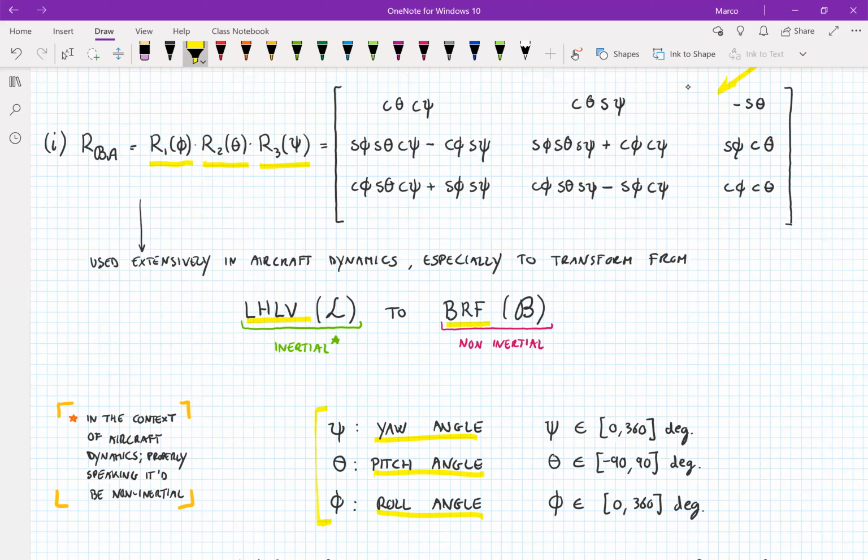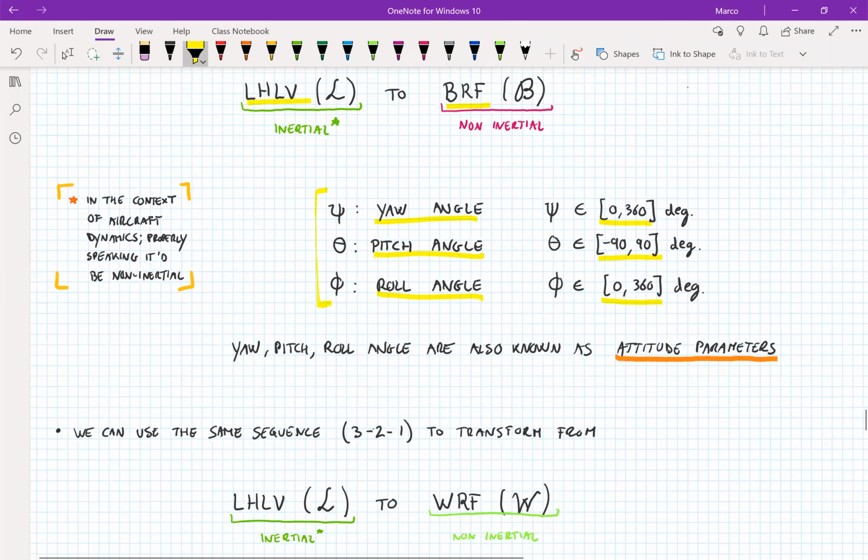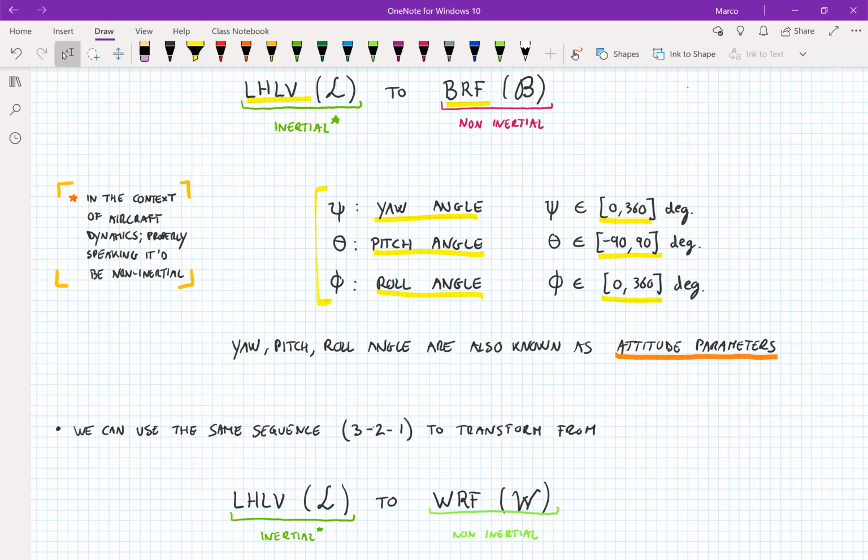The yaw angle is between 0 and 360 degrees. The pitch goes from minus 90 to plus 90. And the roll angle, like the yaw angle, is between 0 and 360. Yaw, pitch, and roll are also known as the attitude parameters.